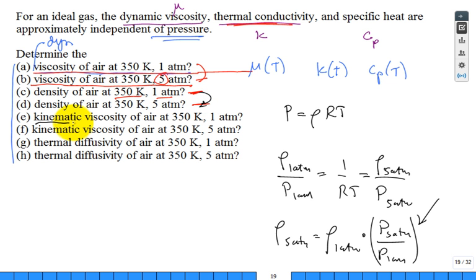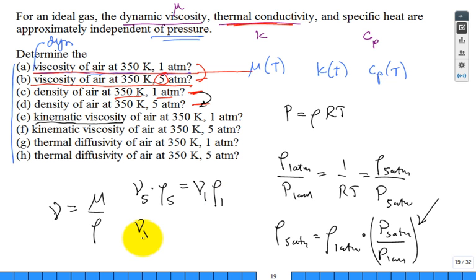What about the kinematic viscosity? You have to know the kinematic viscosity nu is mu divided by rho. Mu is not a function of pressure, rho is. So you say the nu at 5 atm times the rho at 5 atm is a constant, which is the nu at 1 atm times the rho at 1 atm.